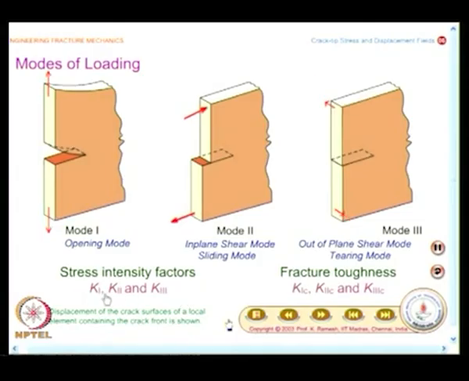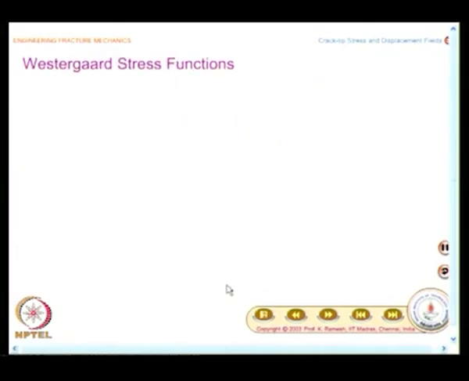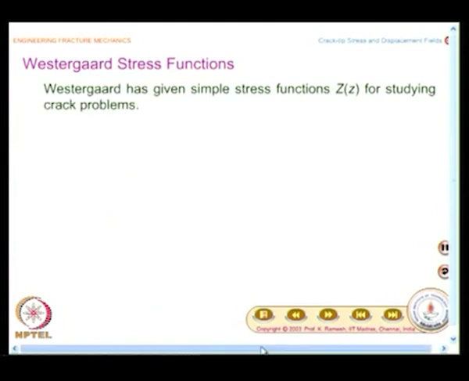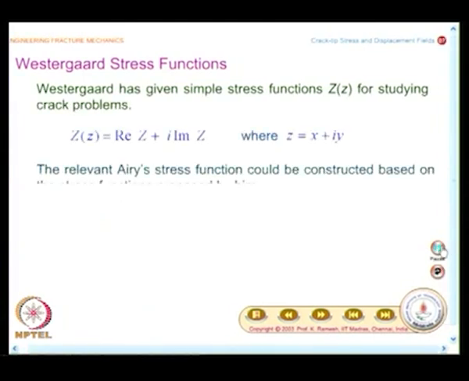As long as these stress intensity factors are below this, crack will not propagate. Now, our interest is to find out how to get the stress field for these modes of loading.